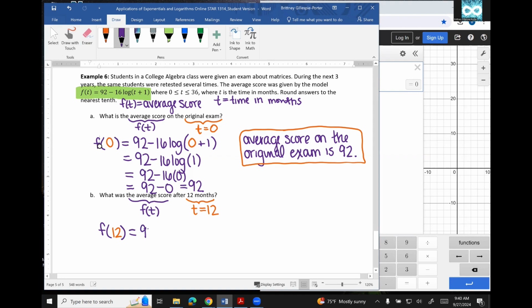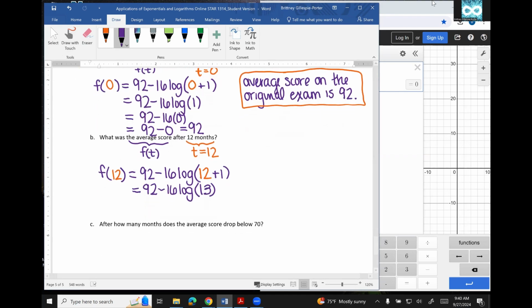We're going to have 92 minus 16 log of 12 instead of t, plus 1. I'm going to do one more line of work before we use our calculator. So 92 minus 16 log of 13, because it will be slightly nicer to put into the calculator.